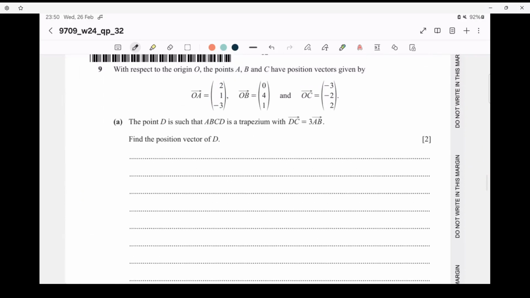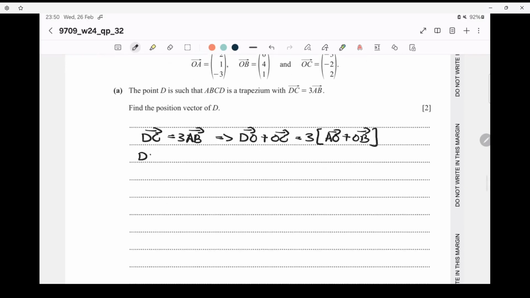Question 9, you are given 3 points and DC is 3AB. So find the position vector of D. So you start with DC equals 3AB. And what is DC? DC is DO plus OC. 3 times AO plus OB. Alright.